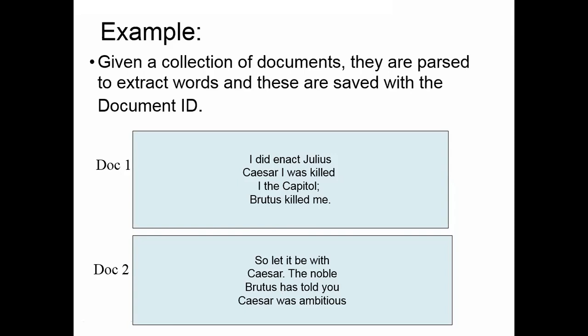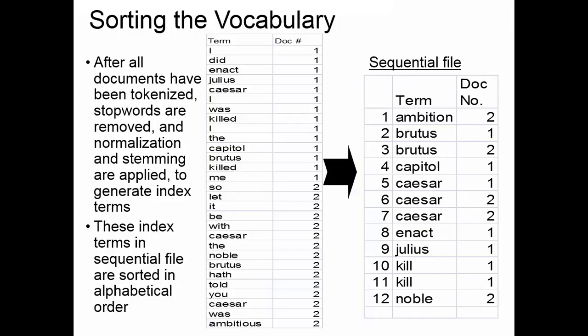Tokenization will give us each term that is available in the 2 documents. All the terms are identified. When we apply stop word removal, I, did, was, the, me, so are removed.